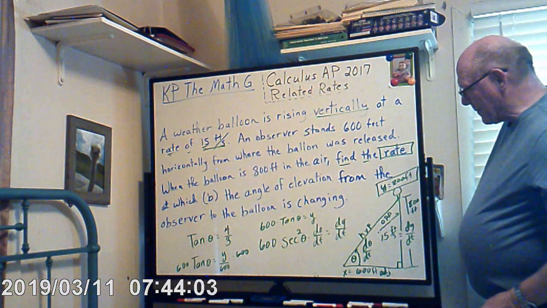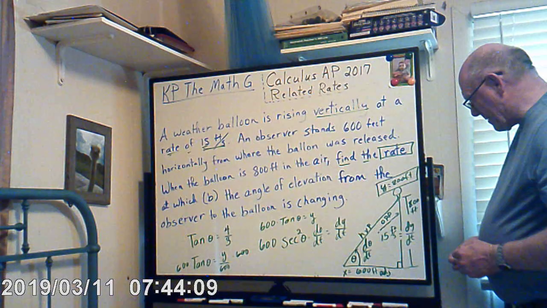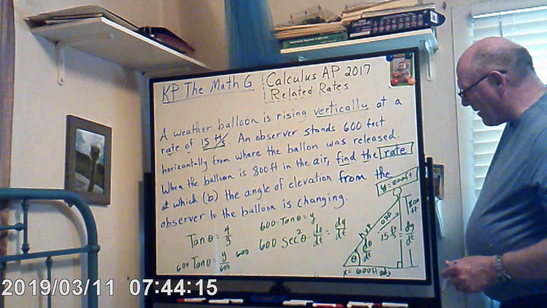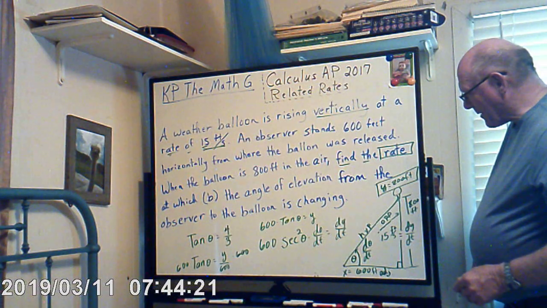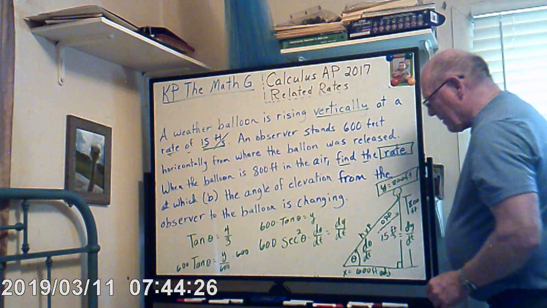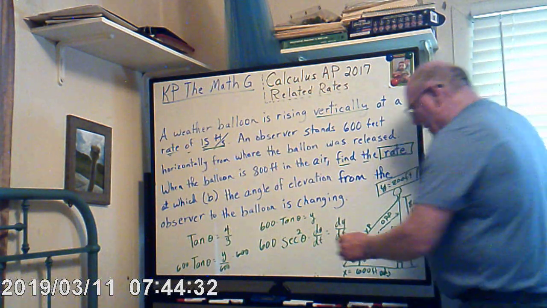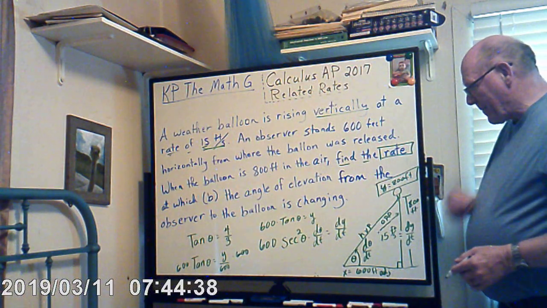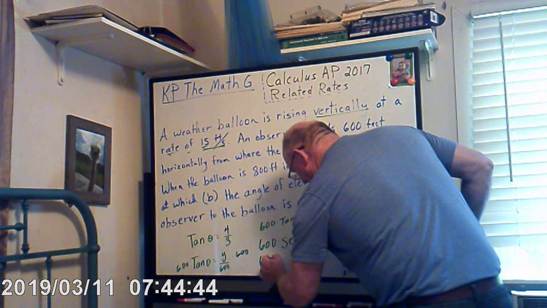Alright, so I don't want to flip this over if I can. Maybe I don't want to have to erase all of this. Let's go ahead and flip it over, because we might have to flip back and forth. So this is d theta over dt. Now, secant squared. We need to find out something about what secant theta is and then turn around and square that. So what we have here is 600.